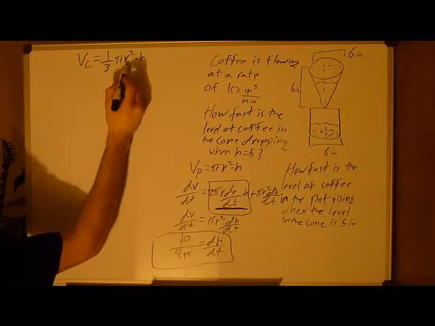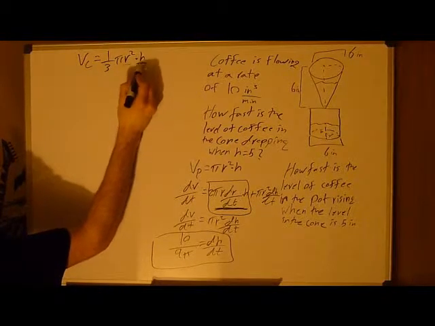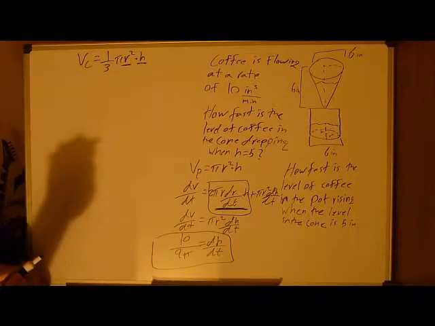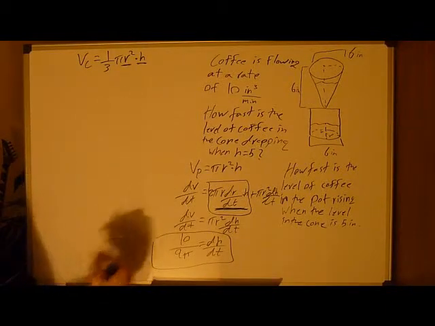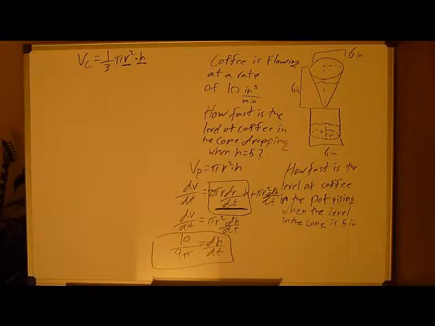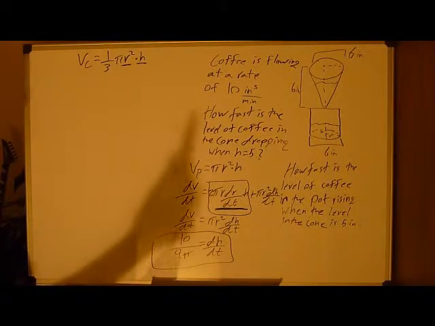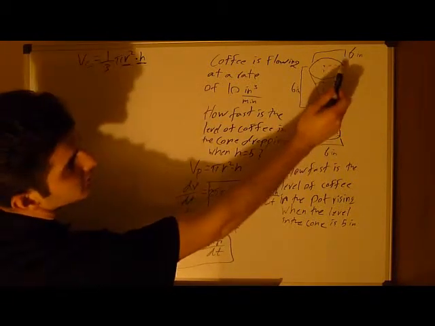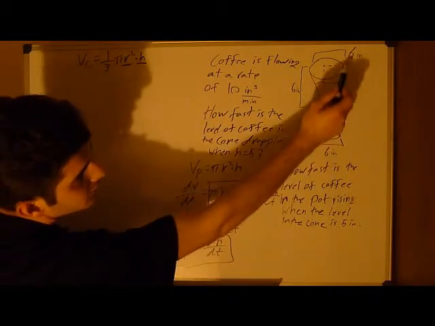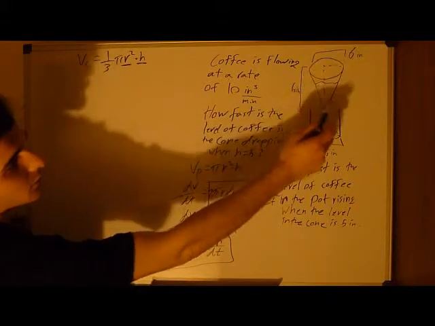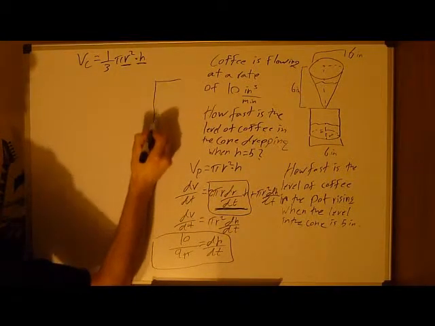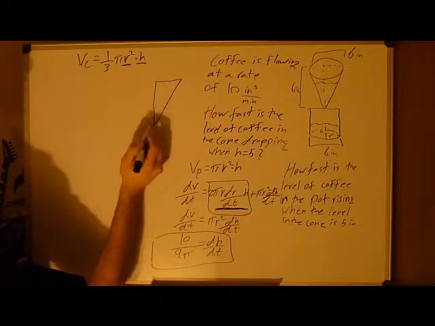Here we have two variables. It's going to be really hard to find the rate at which the height changes. So what we're going to do is find a relationship between height and radius. If you notice here, the triangular shape of the cone will determine the relationship between the radius and the height.